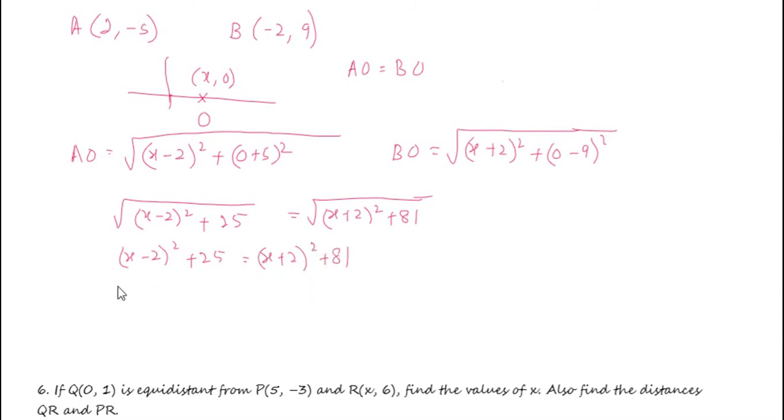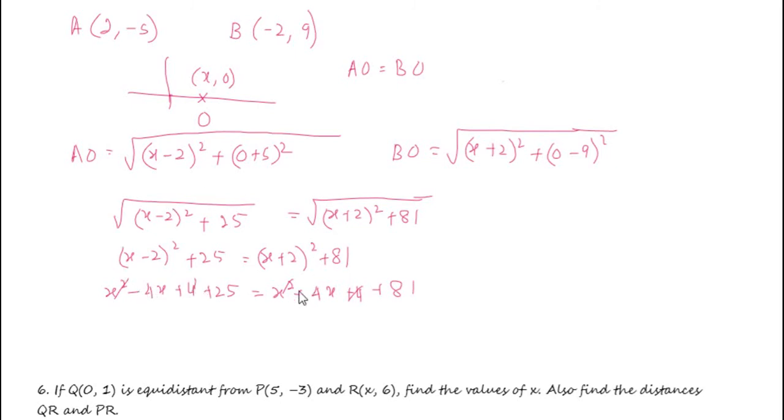Let us expand this one. This is x square minus 4x plus 4 plus 25, equal to x square plus 4x plus 4 plus 81. X square cancels with x square, 4 cancels with 4.